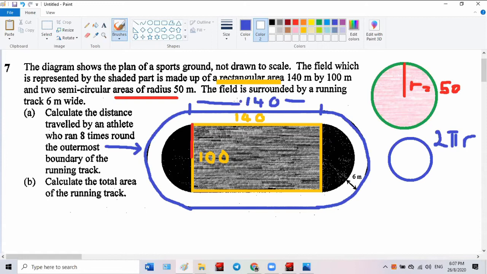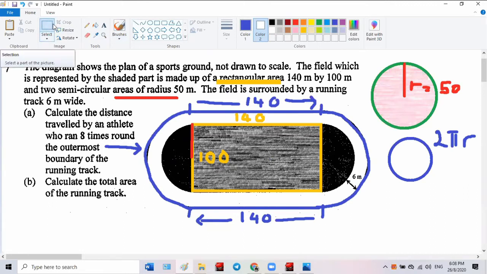I'm assuming he starts from here, then he must add another 140 on this side. If he makes the circle turn and starts again, he comes back 140. Now, how do we calculate this big circle? Actually, he ran 140 plus 140 and one giant circle. Understand why?